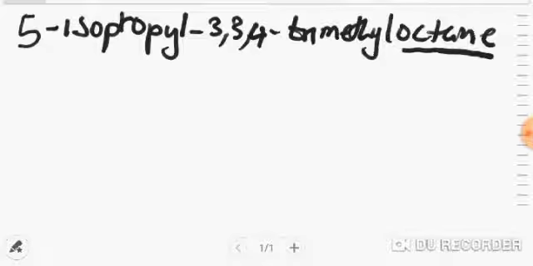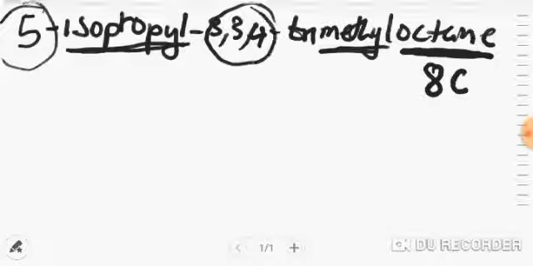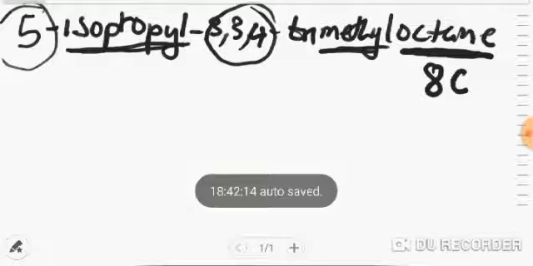So this is our parent name. The parent name tells us we are dealing with 8 carbon atoms on our alkane. So for the substituents we have 3 methyl groups and also 1 isopropyl at position number 5, and the methyl groups are on position number 3 and 4. So let's draw the structure, guys.